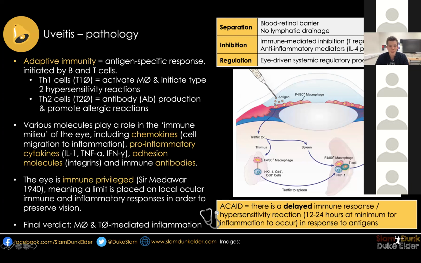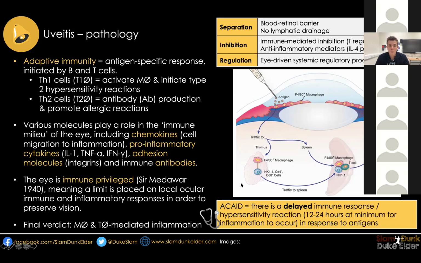Hopefully that makes a bit of sense. Various molecules are implicated, and this is all part of the immune response that we all learned about in our early years of med school. Chemokines attract cells to the area that need to be attracted, like macrophages. Pro-inflammatory cytokines like interleukin-1, TNF-alpha, interferon gamma, adhesion molecules, and immune antibodies all play a role in uveitis.